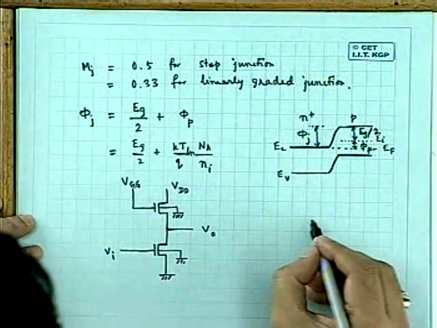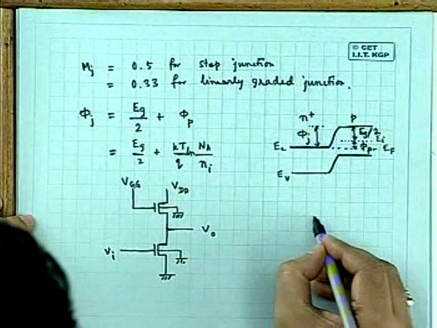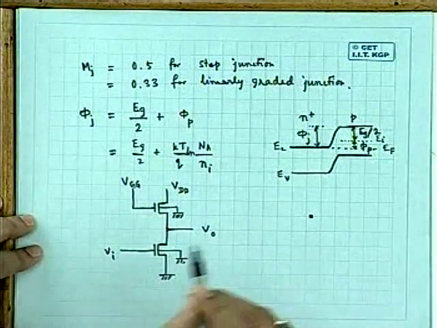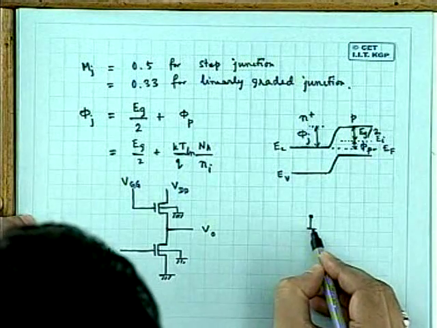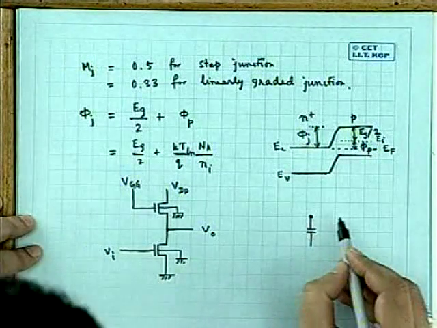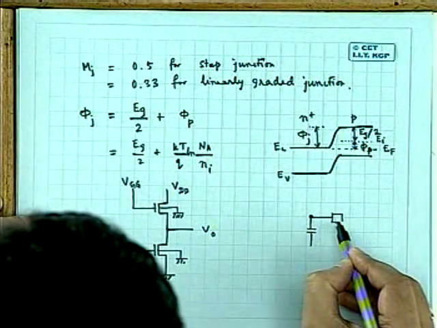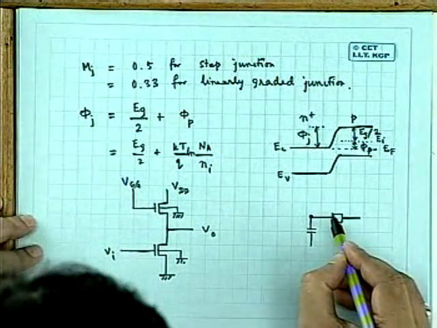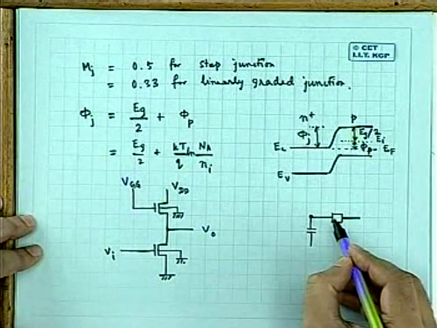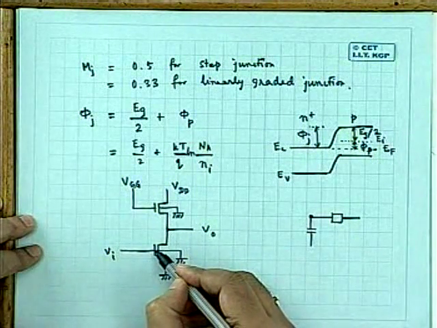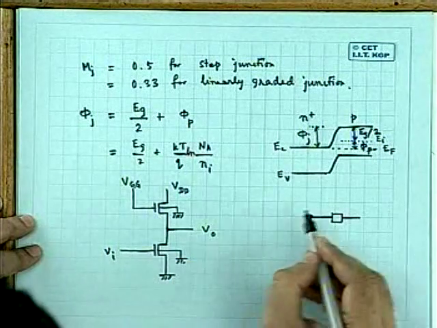Suppose I take a particular node here, any such node, where a capacitance is there and something else. So this is the device. Looking at this, it is nothing but the drain of this.